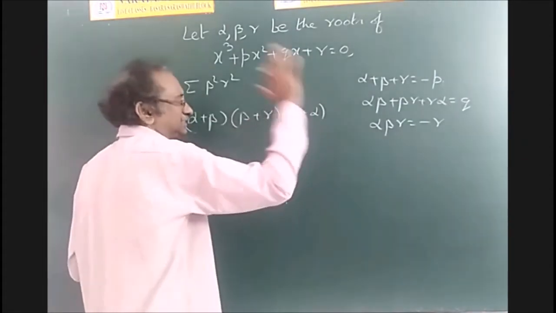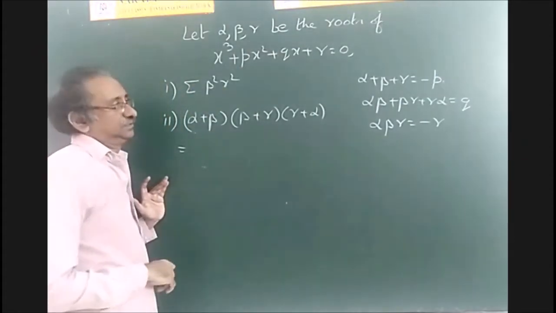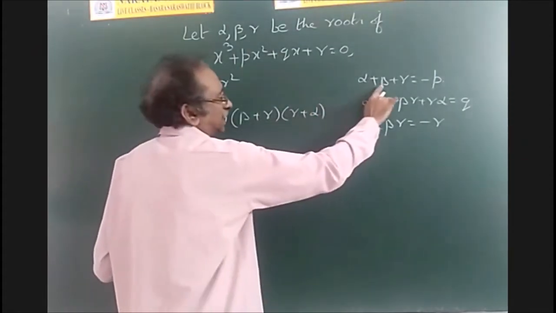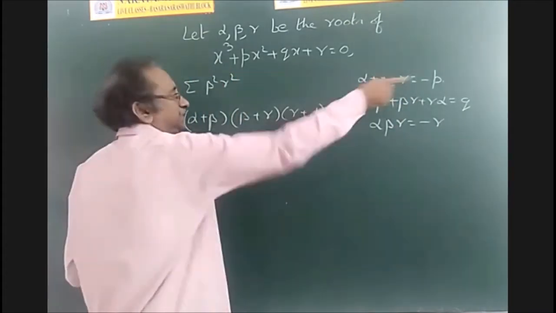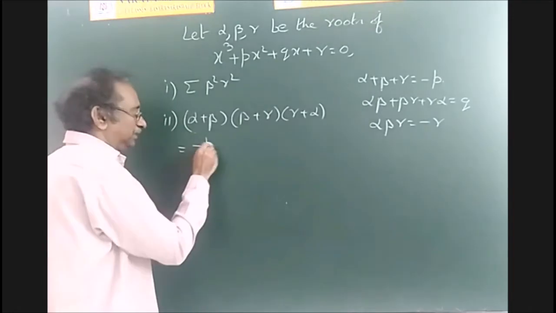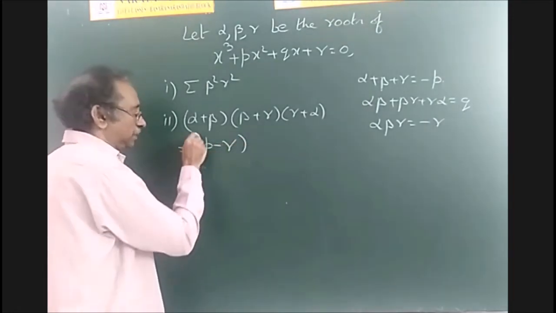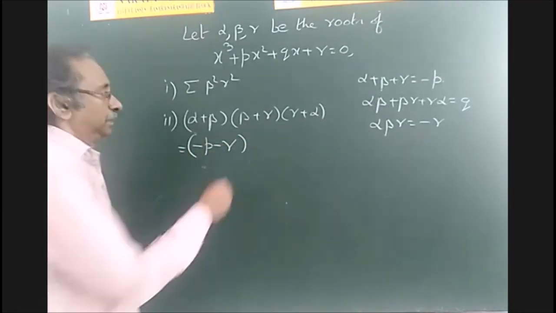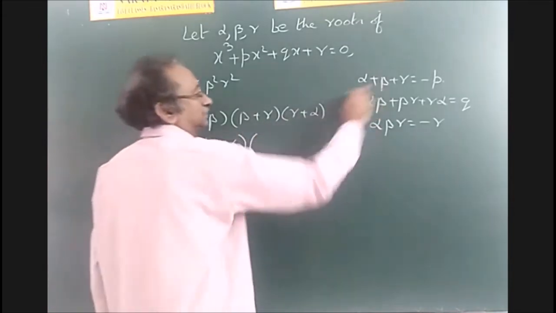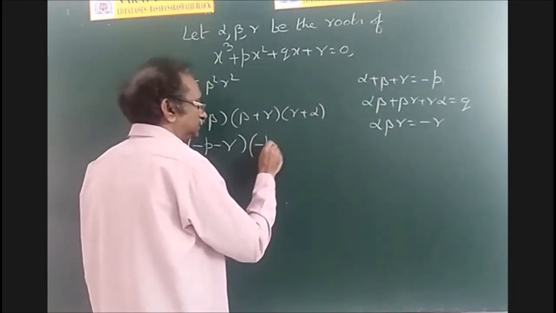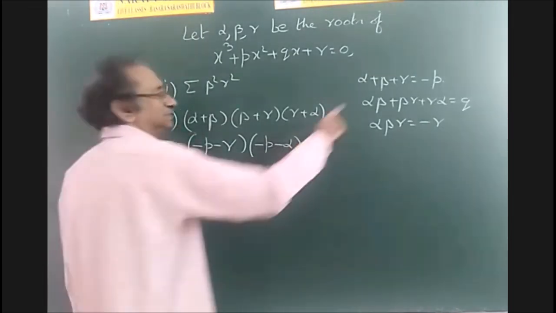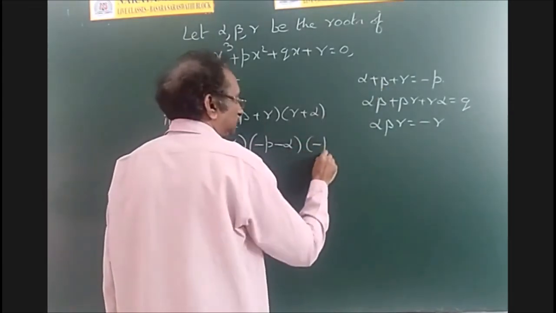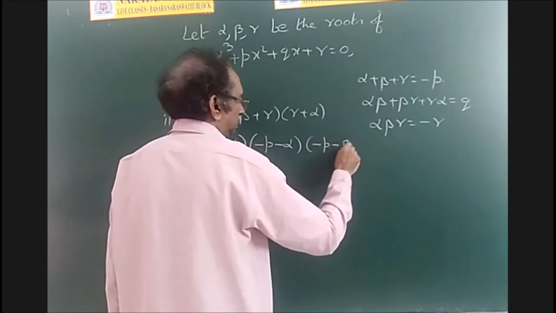Multiplying all these terms is a difficult task. So because alpha plus beta plus gamma is minus p, alpha plus beta can be written as minus p minus gamma. And beta plus gamma is minus p minus alpha. And gamma plus alpha is minus p minus beta.